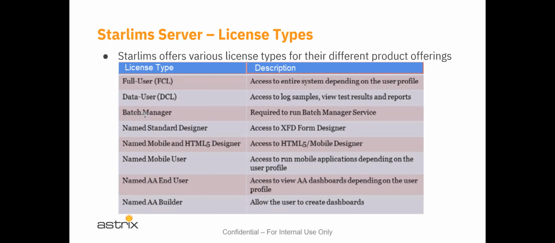So this is going to be your regular user, the number one type of license that is issued and used by any user that is either a lab tech, a manager, a supervisor, anybody in the STARLIMS system using the full functionality of the system.